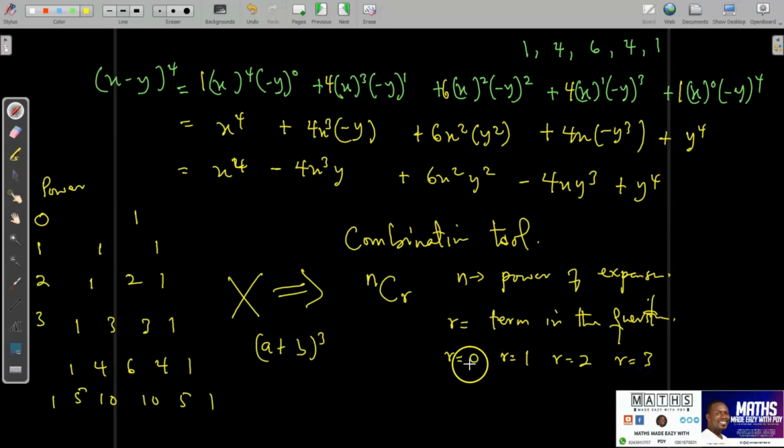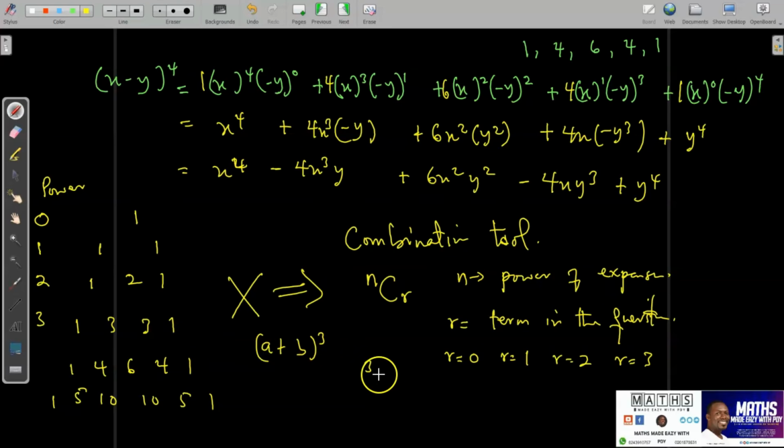Even though the r value begins from 0, how many r values did you obtain in all? 4. We have 4 r values, and that represents the 4 terms you are expecting in power 3. The highest power is 3.